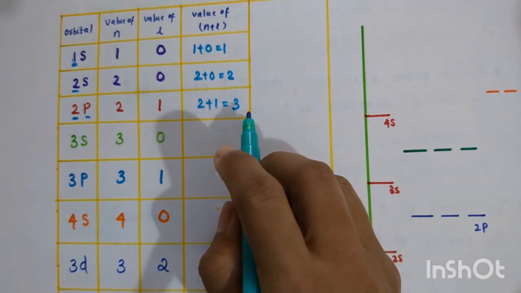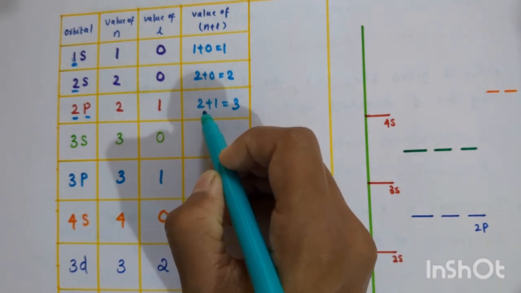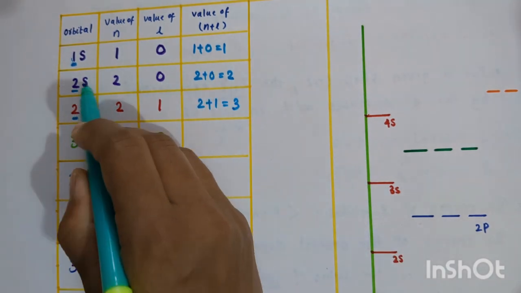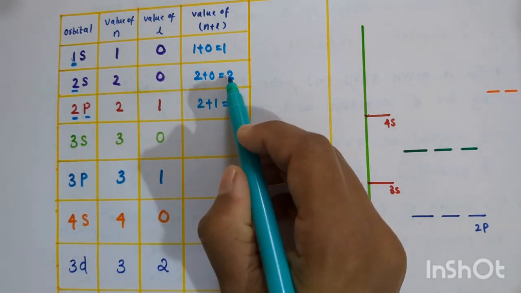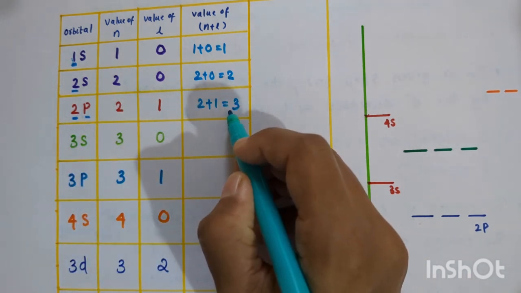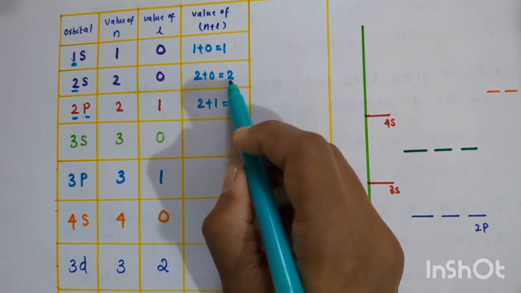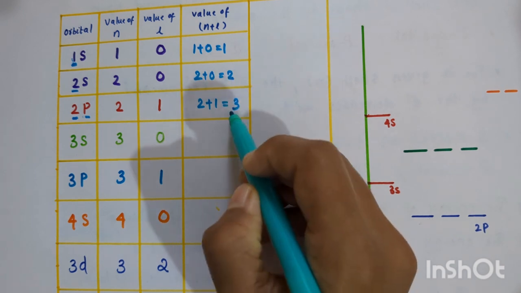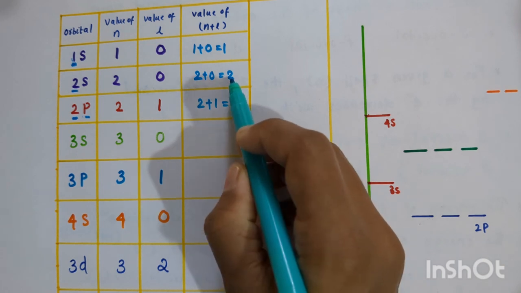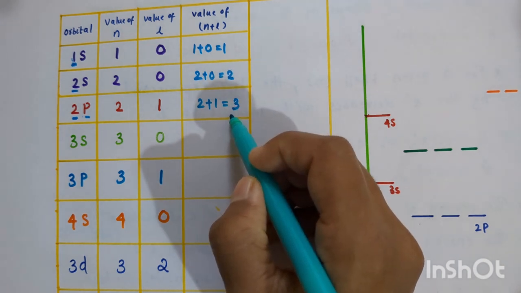When you compare the 2s and 2p orbitals, n plus L is 2 for 2s and 3 for 2p. According to the n plus L rule, the one with lower n plus L value will have lower energy. So the 2s orbital will have less energy than the 2p orbital.